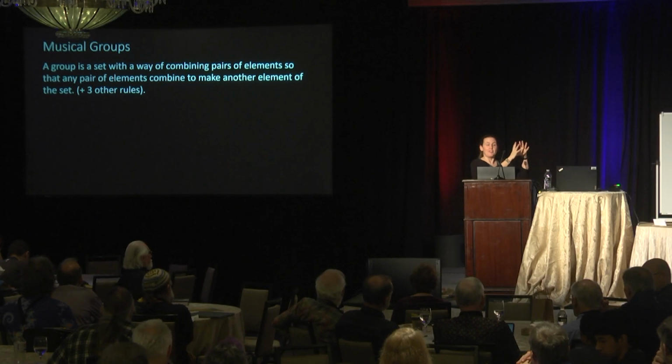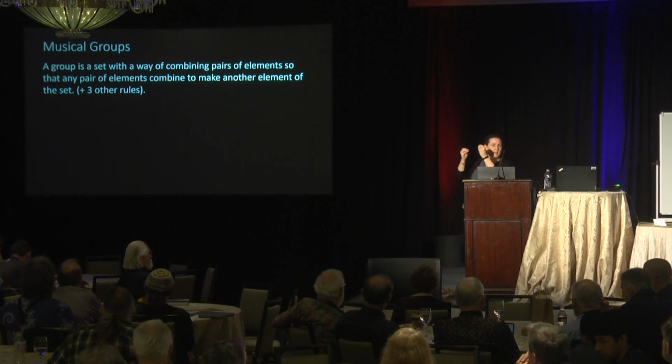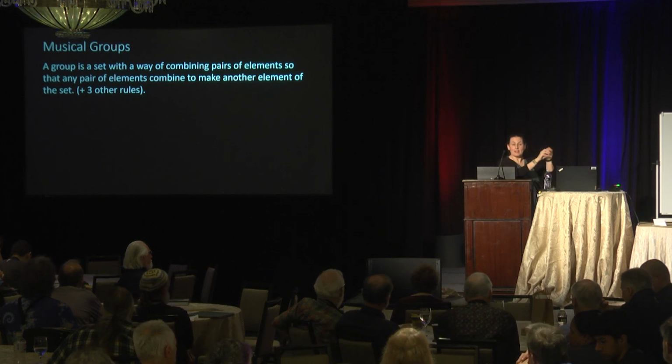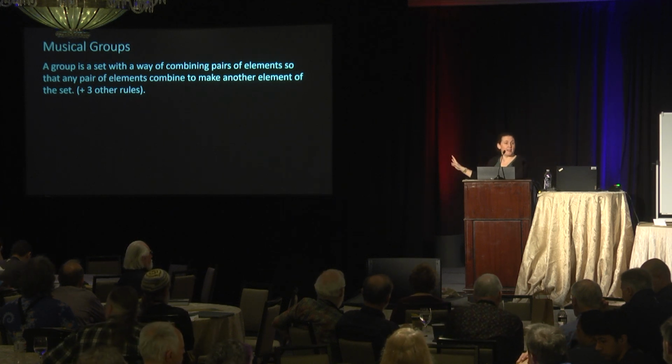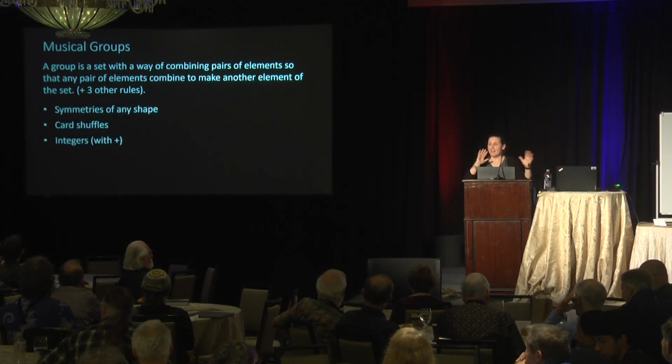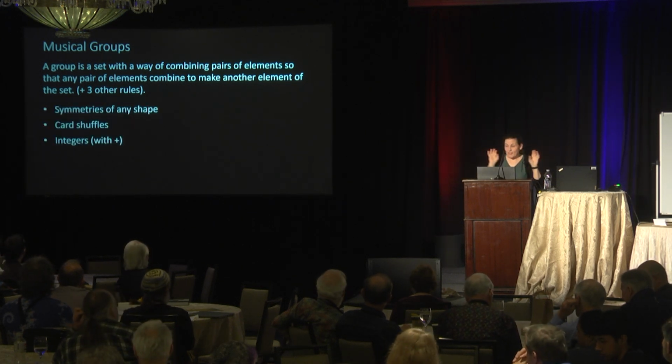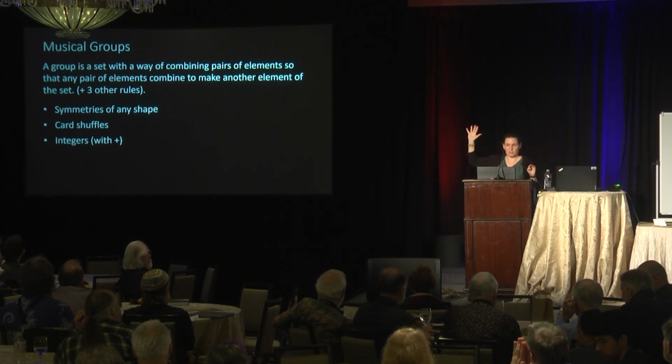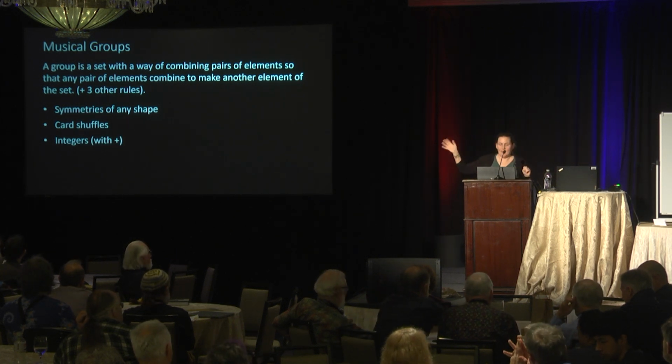This is the first rule of a group. It's called the closure property: there's some way of combining things in the set to produce something else that still ends up in the set. There are 3 other rules. I'm not going to tell you. If you know, you know. If you don't know and you want me to tell you, I'll tell you later. Groups are everywhere because the group is the natural structure of a symmetry. So anytime you have a shape and you want to know its symmetries, they form a group. How are we combining them?